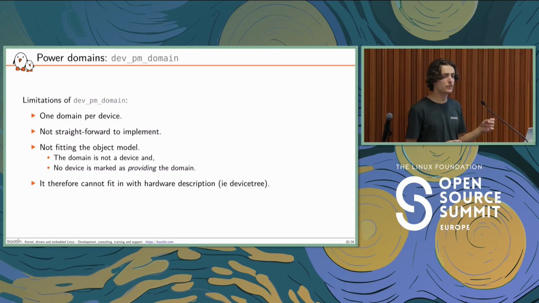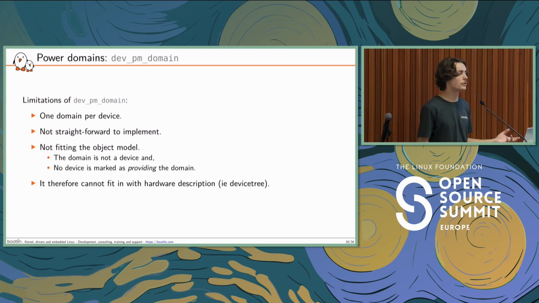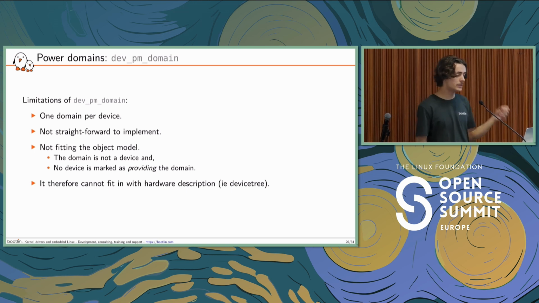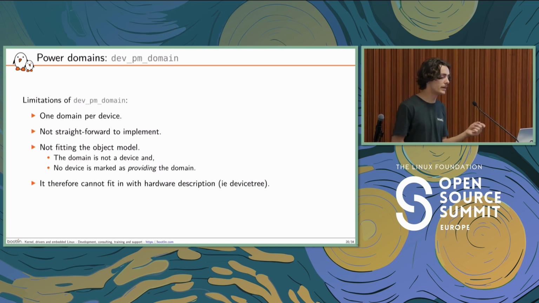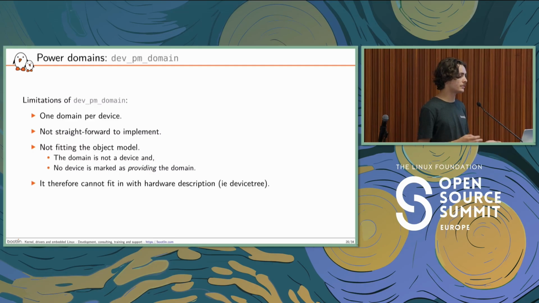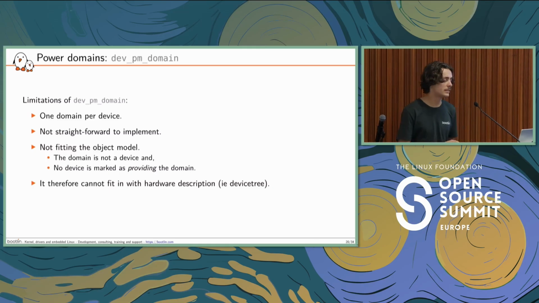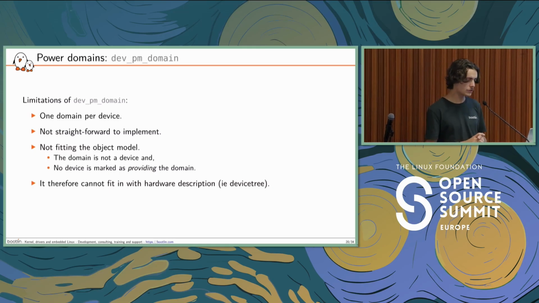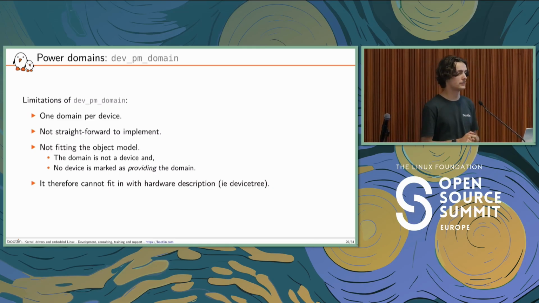You don't have any struct device pointer, so you don't know who's instantiating this dev PM domain. And of course, it doesn't fit into any standard setup that we use. It, of course, doesn't fit inside hardware description, that is device trees. So we probably need something better.